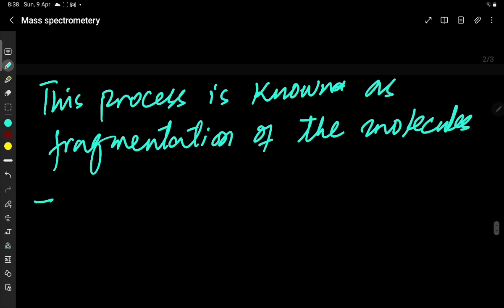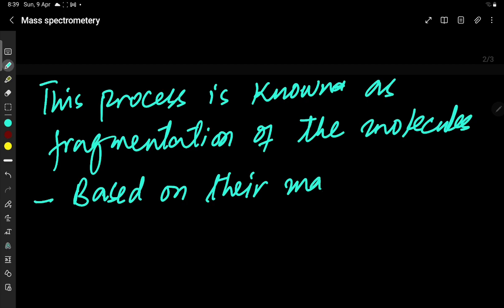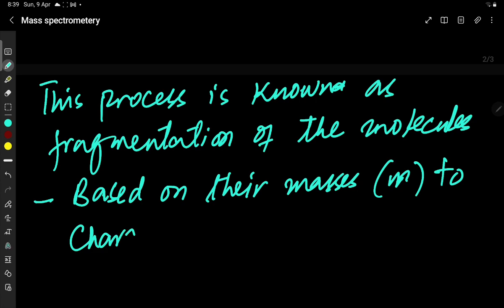So now, how are peaks formed based on their mass to charge ratio?